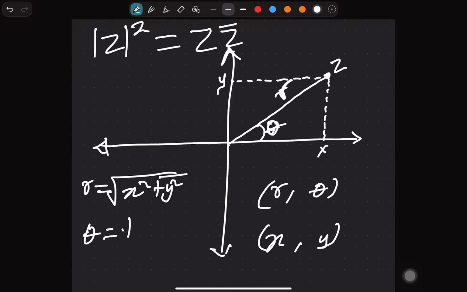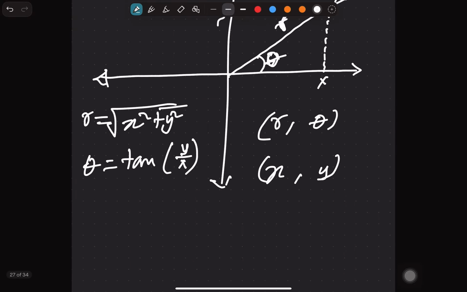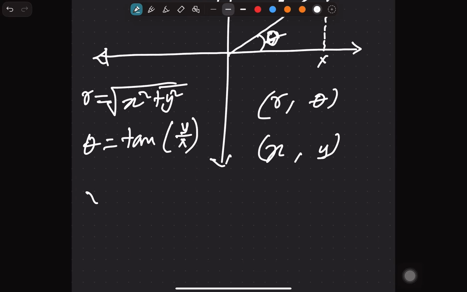Theta is equal to tan inverse of the imaginary part over the real part, y over x. That is when you have x and y and you want to find the modulus and then the argument.